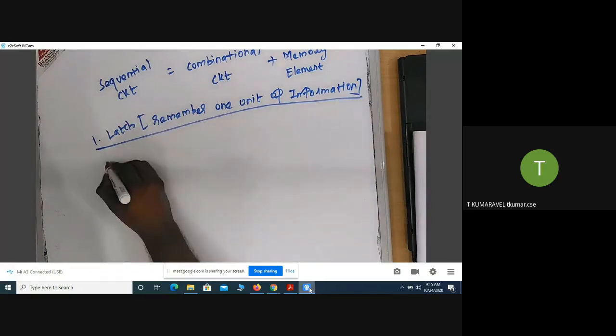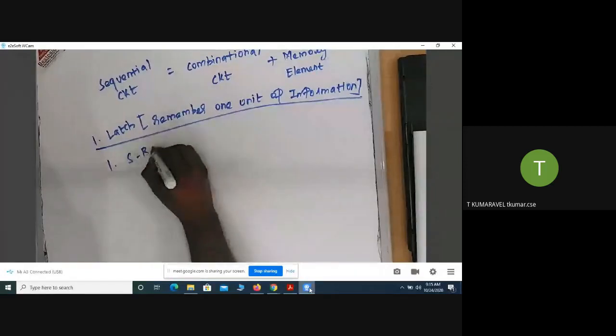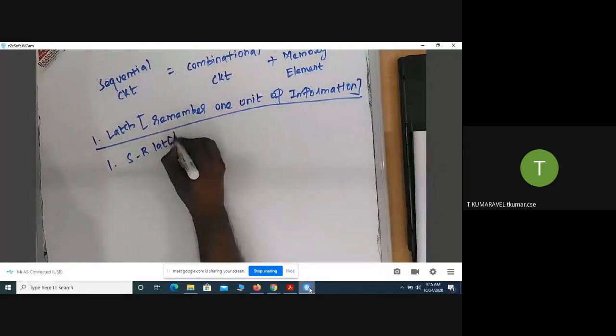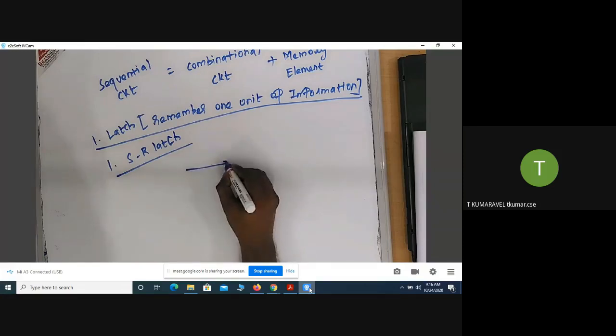The first one is called an SR latch. First I'm going to draw the circuit diagram of the SR latch.